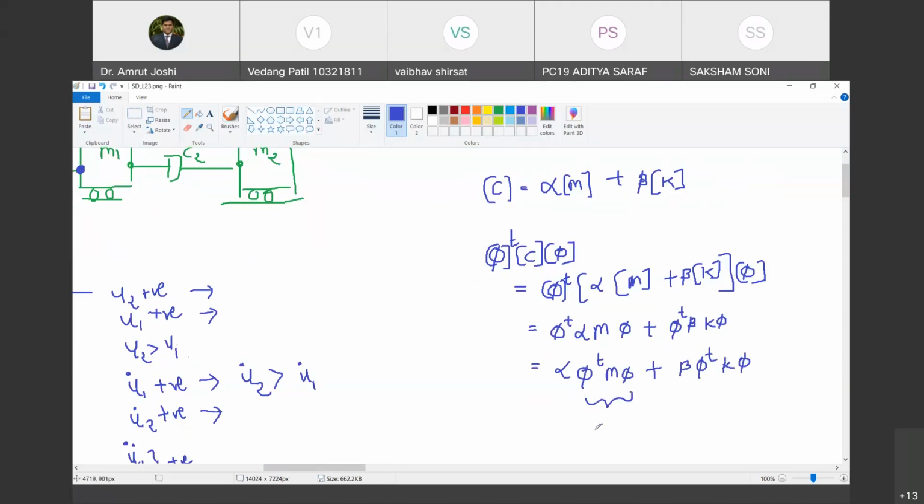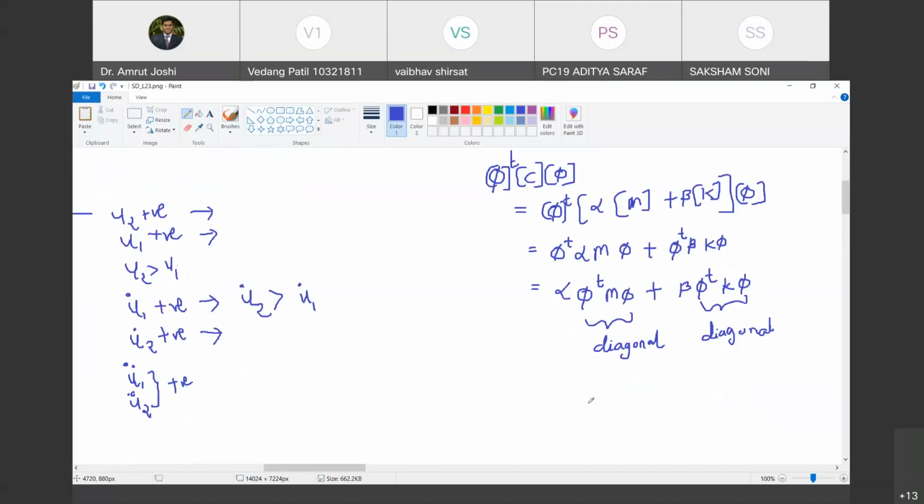Is this diagonal? Yes. Is this diagonal? So alpha times a diagonal matrix, is it diagonal? Beta times a diagonal matrix, is it diagonal? Addition of two diagonal matrices, is it diagonal?